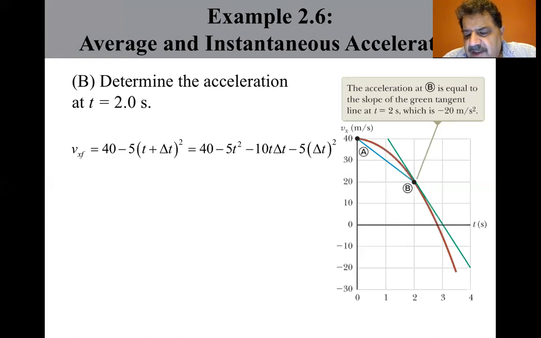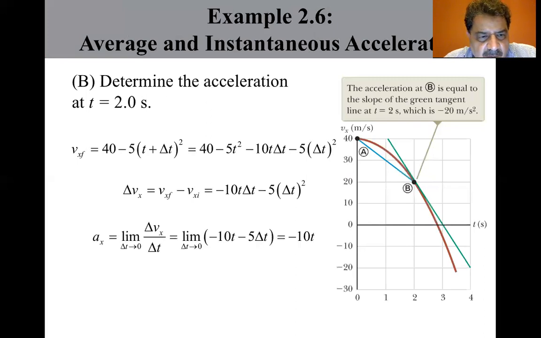Find the change in velocity over the time interval delta t. To find the acceleration at any time t, divide this expression by delta t and take the limit of the result as delta t approaches 0.